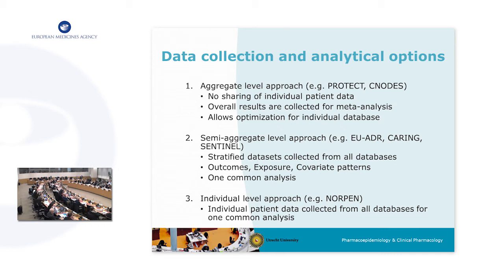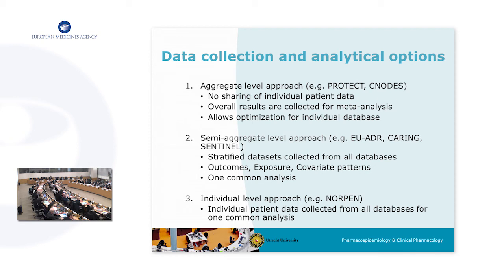In that situation, then we can meta-analyze the results to get an effect estimate. What it does allow is that we can optimize the analysis for each individual database. So we do not have to worry about variables that are not available in one database and not in the other. We can just use maximally the information available in one specific database.